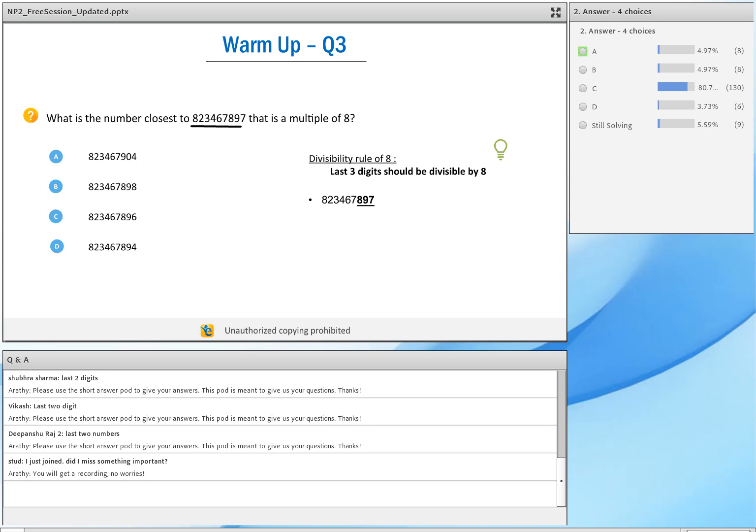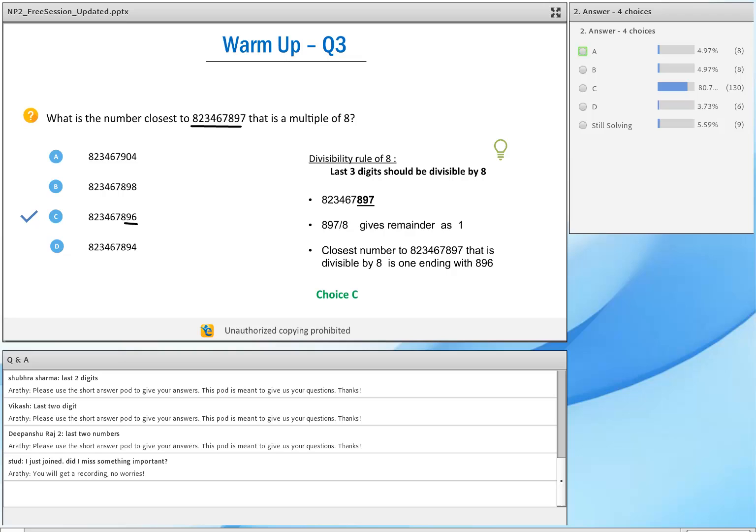We look at 897, and 897 divided by 8 gives us a remainder of 1, which means the number closest to this that's divisible by 8 is 896, which is where choice C comes in, and about 81% of you got to that.